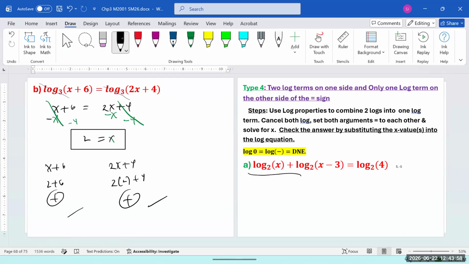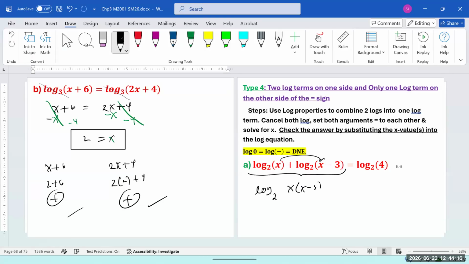So the multiple logs combine into one log. So how do you combine them? Addition, subtraction, multiplication, division? Which one? Multiplication. So you multiply the two logs.